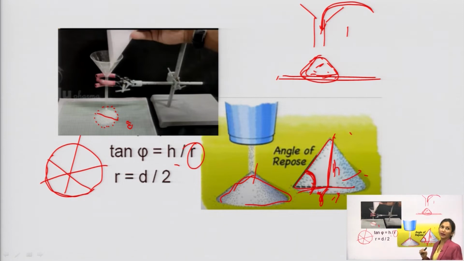Then how will you determine the H? Just take a capillary, wet that capillary, and insert that wet capillary from the top of the pile. Whatever the height of the pile, that portion of the wet capillary tube will have powder stuck to it. Suppose this is the wet capillary you are inserting here, and this is the height of the pile.